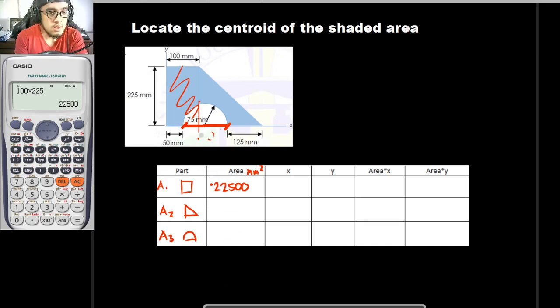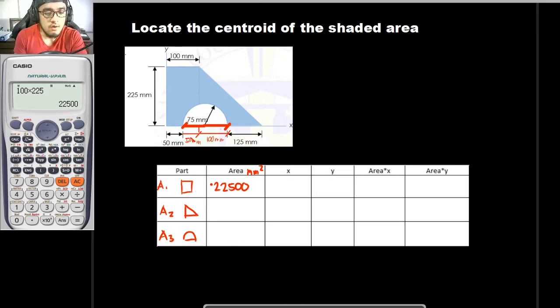So erasing this, if that is to be 50 mm, and if the whole diameter of this semicircle right here is to be 150, then it is safe to say that this dimension right here is equal to 100 mm. So erasing this for us to have a neat workspace. So if that is to be 75 mm, this is to be 50 mm, then this is to be 100 mm. So now we have the dimensions of our triangle already.